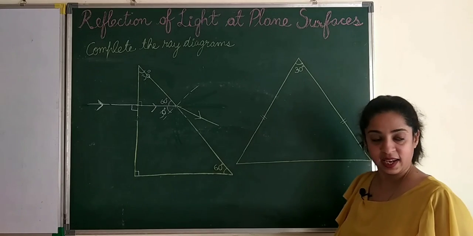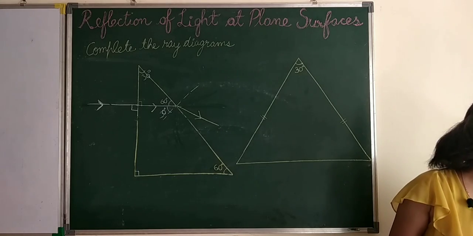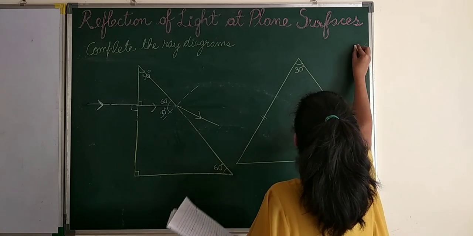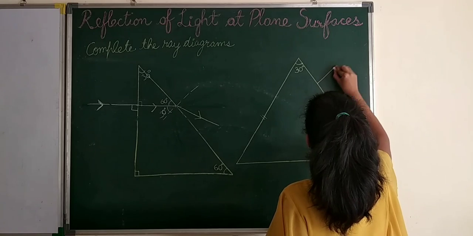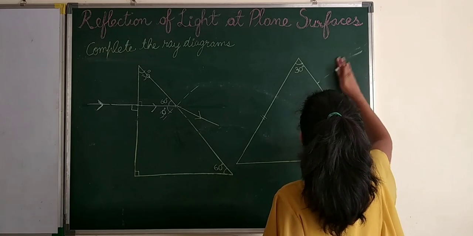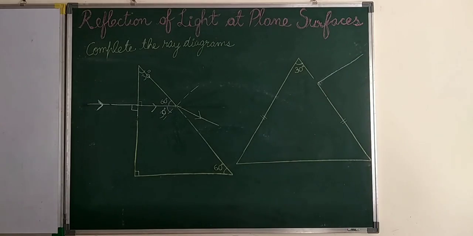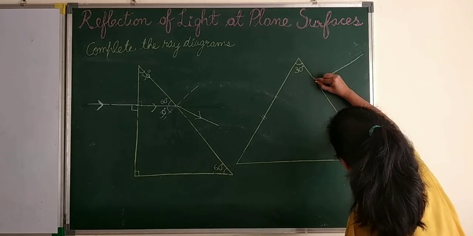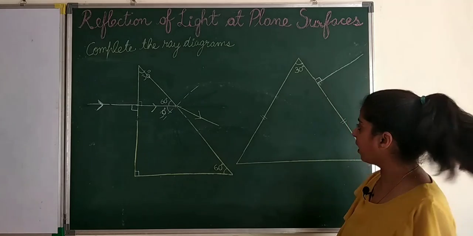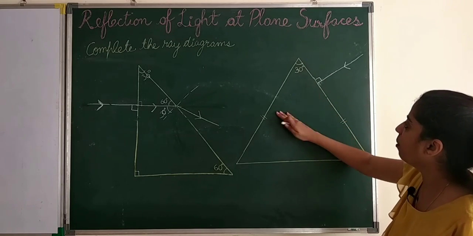Now moving on to our next diagram. In this diagram, this is the incident ray that they have drawn, and they have told us to complete the path of this ray.